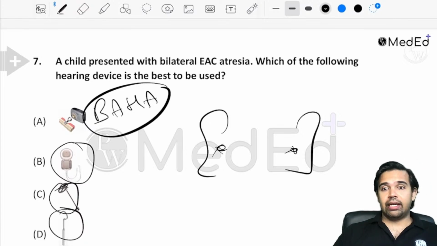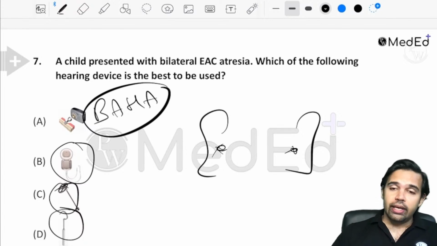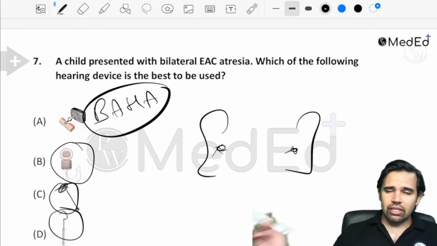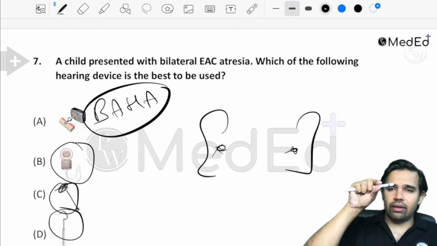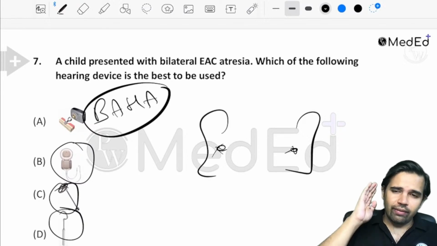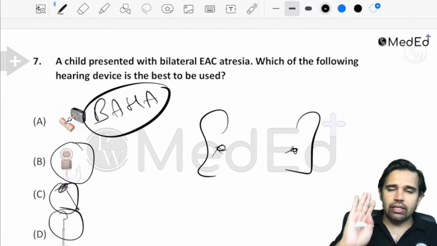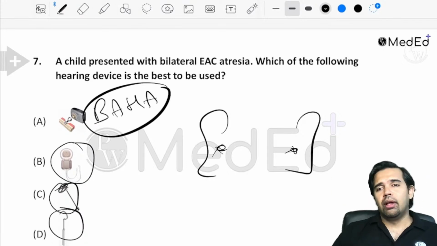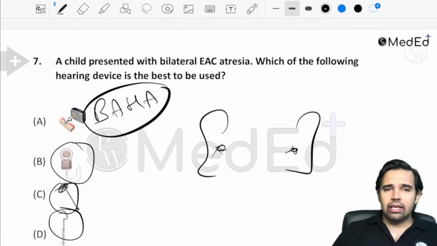It is not an implant because the titanium is just within or just outside the skull. It's like a screw that holds the hearing aid in place, so that bony vibration vibrates the cochlea and gives the sound. There is no outer mechanism, but the cochlear mechanism to the auditory pathway is there.